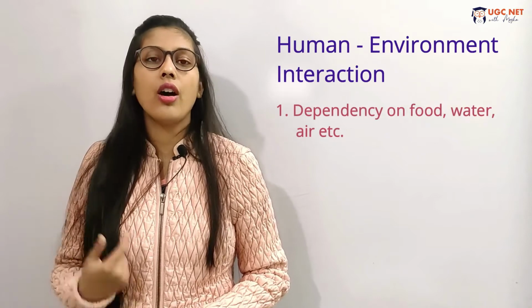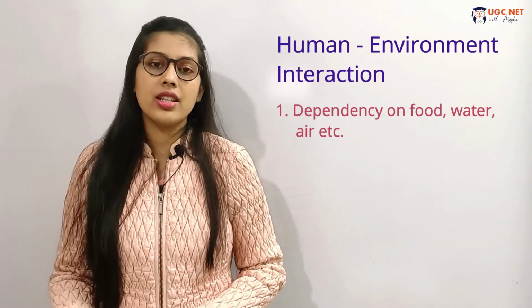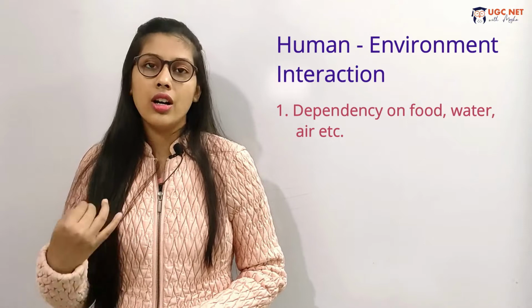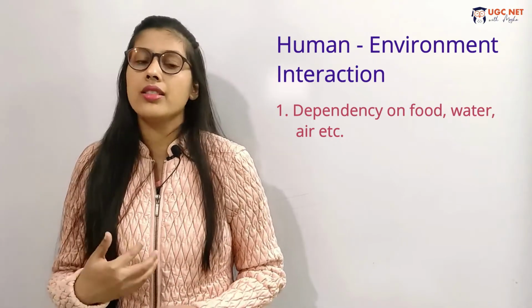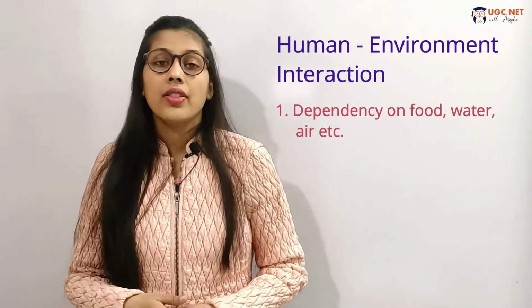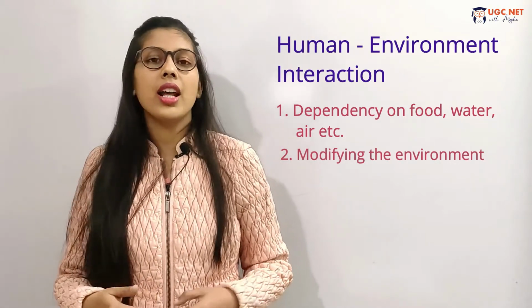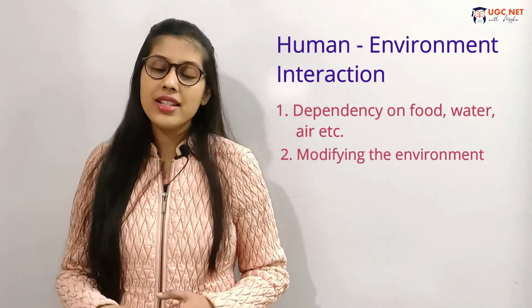The next thing that you need to know is in how many ways humans interact with the environment. There are particularly 3 ways in which humans interact with the environment. First, humans depend on the environment for basic needs or necessities like food, water, gas, that is the oxygen to breathe, and carbon dioxide to carry out various other activities. Then, trying to modify the environment, and that can be done positively as well as negatively.